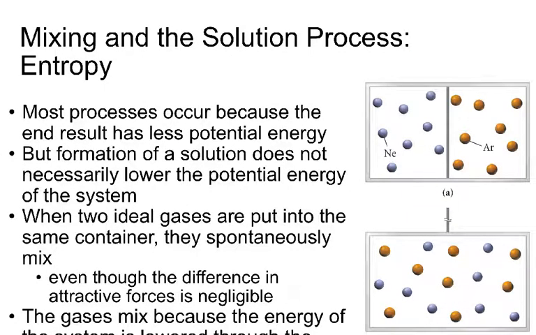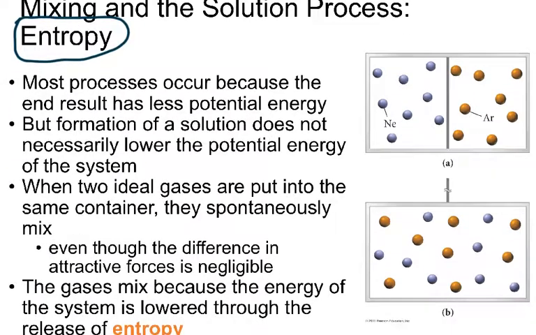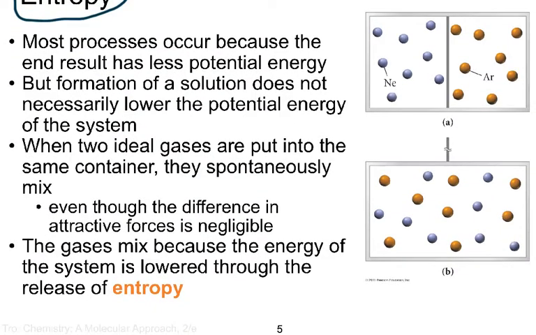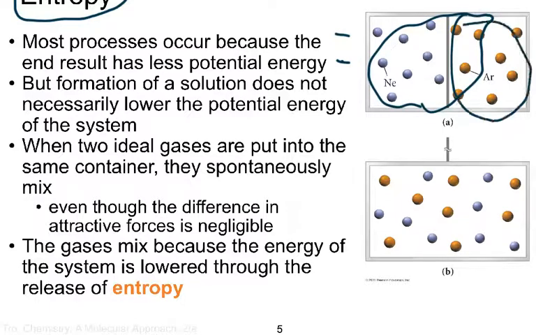That nature's tendency towards mixing is called entropy. Most processes occur because the end result has less potential energy. So there's some sort of difference in potential energy. But if we're looking at, say, mixing these two gases together, neon and argon, there's no change in potential energy when they mix.